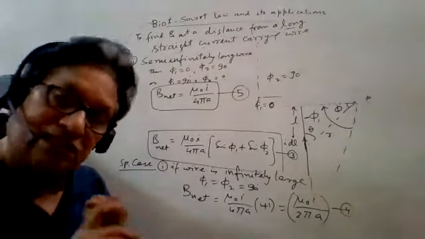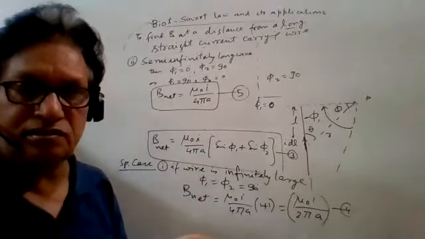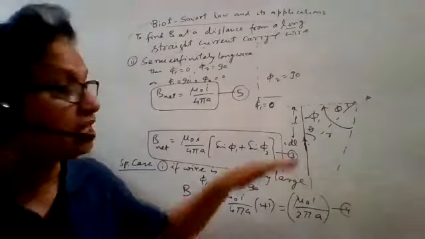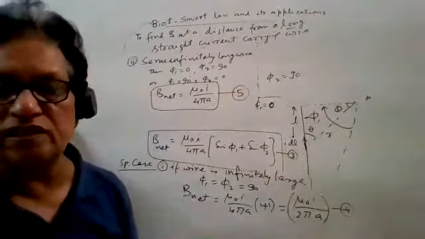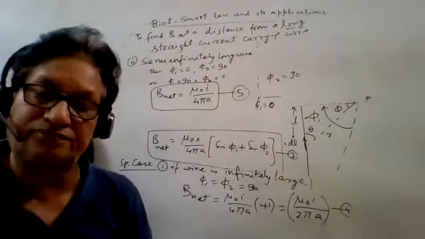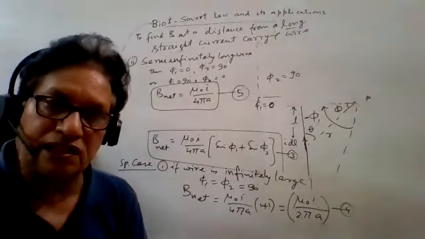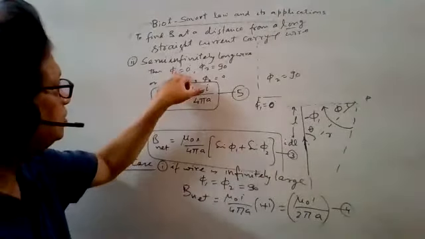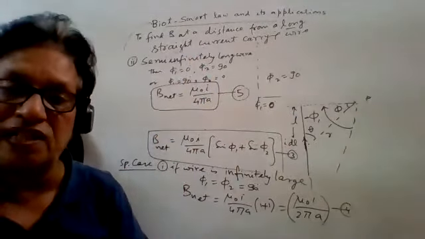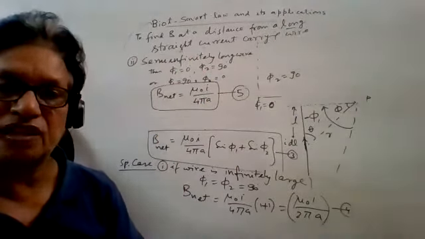For length, it is really infinite. But for the magnetic field, yes, the half part is giving you the magnetic field, and the next half part is not. This is the logic here. So the angles are 0 and 90 or 90 and 0. We are getting this formula for a semi-infinitely long wire. Got it now?